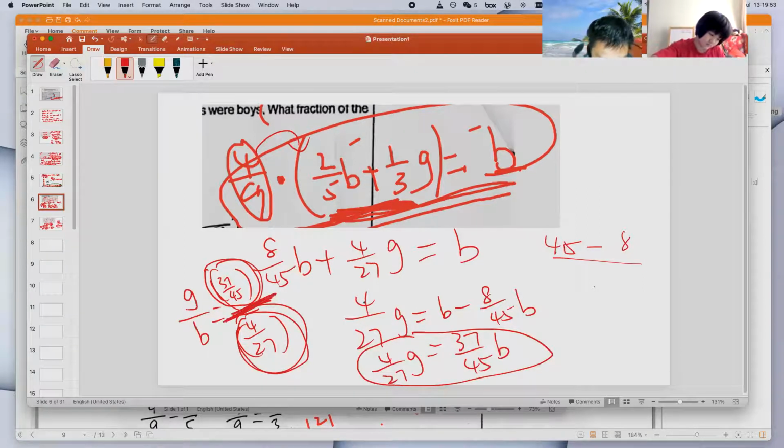Can you help me out? No, fraction. So that means G over B is equal to 5 over.